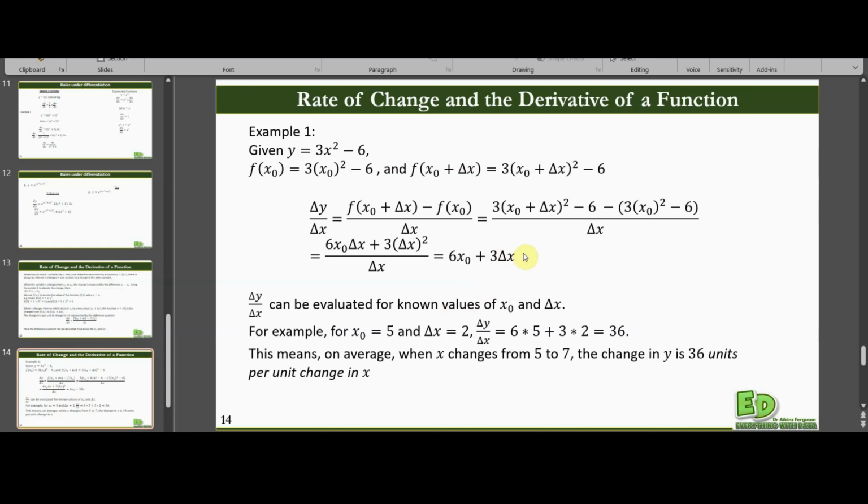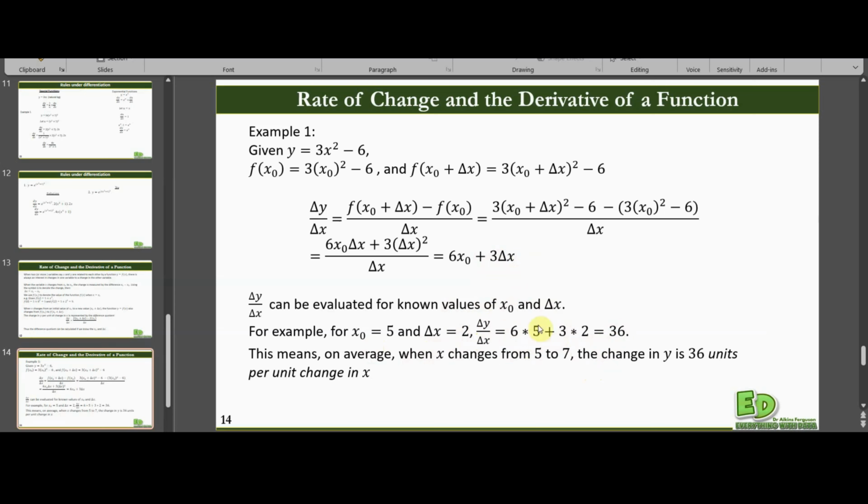So in place of this change in x, we put the value of 2, and that gives us 6 times 5, plus 3 times 2, which gives us 30 plus 6, giving us a final value of 36. So note that x₀ is the initial value of x.